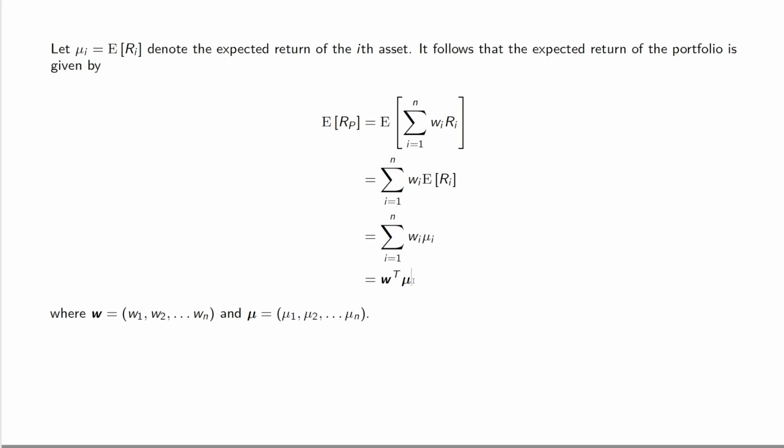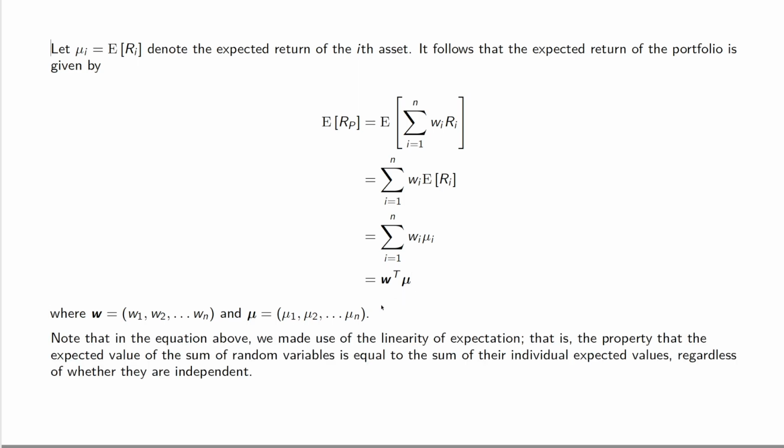We're going to have a look at exactly how this works in an example on the next slide. And here I've made a note that we've made use of the linearity of expectation, as I was discussing before: the expected value of a sum of random variables is equal to the sum of the individual expected values.